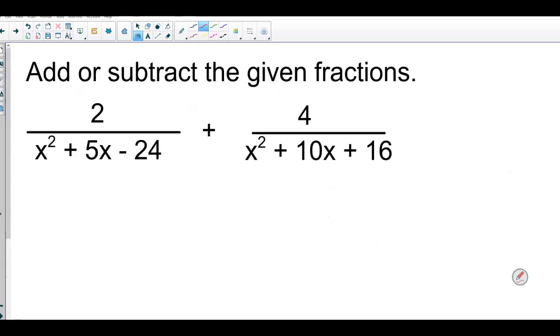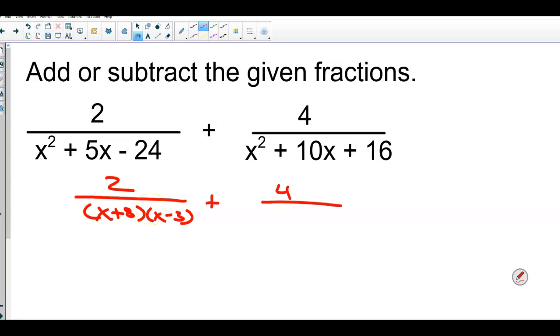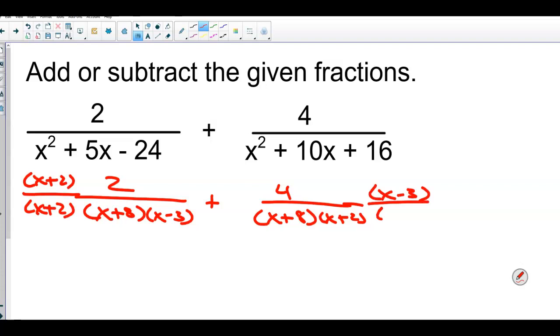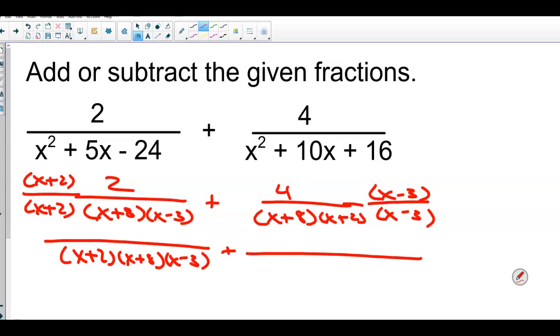So with adding or subtracting, we're going to factor the bottom. And let's be honest, each time you're going to get a common factor that's already in there. It's the uncommon factor I've got to multiply top and bottom. Top and bottom. And then my common denominator, x plus 2, x plus 8, x minus 3. Don't worry about the order. That's not a big deal.